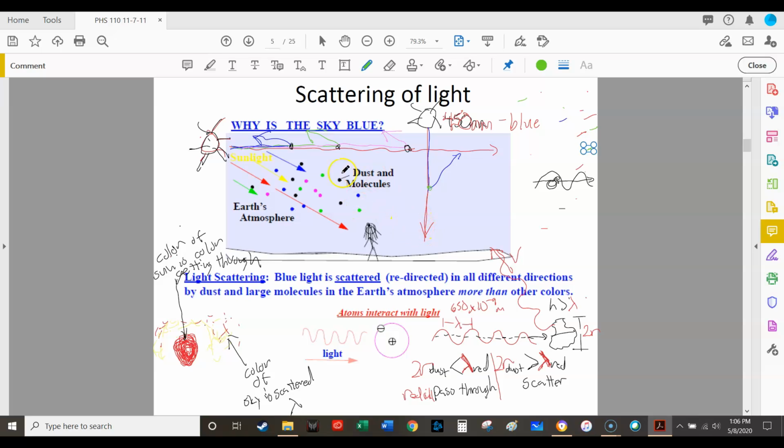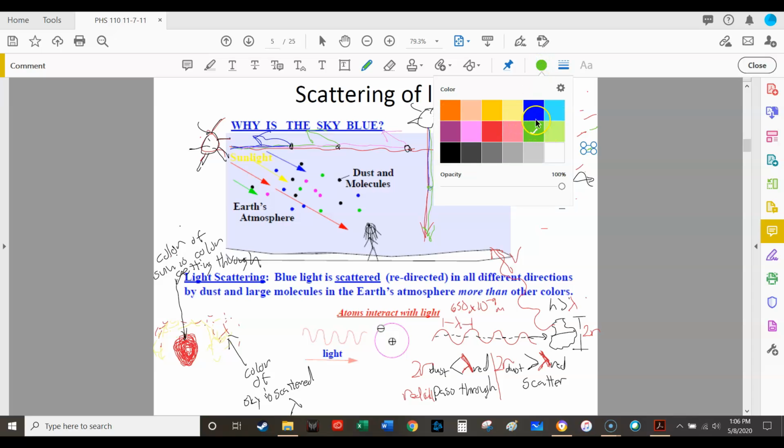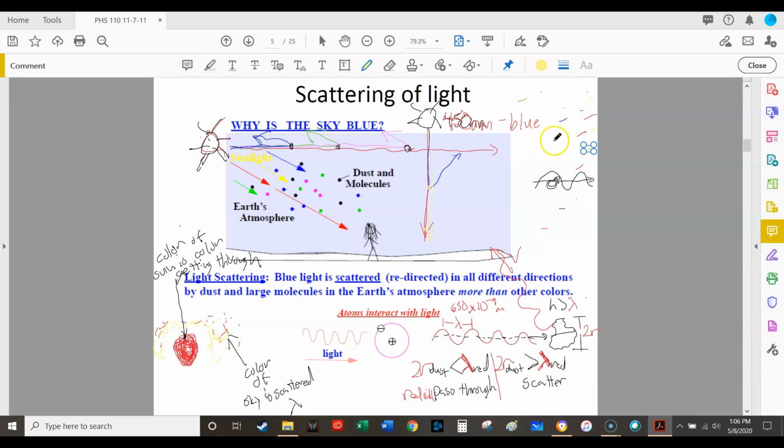So if you're standing right here, green is going to go the entire distance and then get into your eyes. And then you've got yellow. Yellow's going to make it through, and so on and so forth.